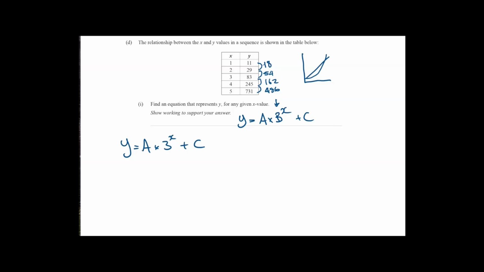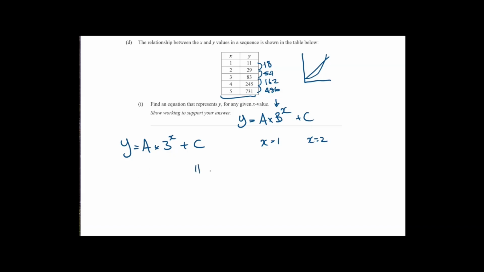So for this, we are going to just put the original numbers in and turn it into a simultaneous equation. So I'm going to use just the first two. I'm going to let x equal 1, and then I'm going to let x equal 2, and create a system of simultaneous equations. So when x equals 1, y equals 11.